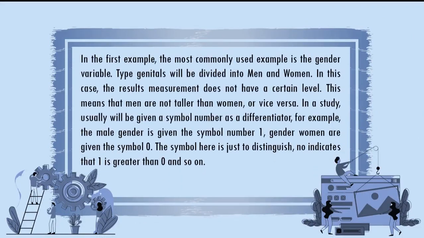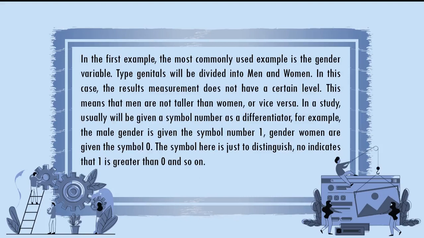In the first example, the most commonly used example is the gender variable. Gender will be divided into man and woman. In this case, the measurement result does not have a certain level. This means that men are not taller than women or vice versa.